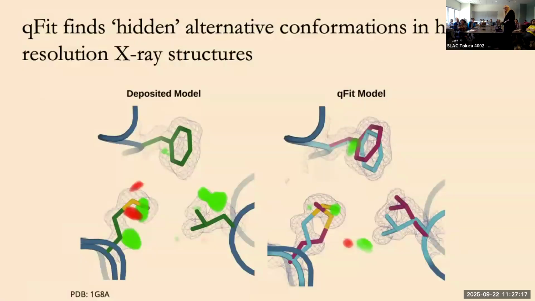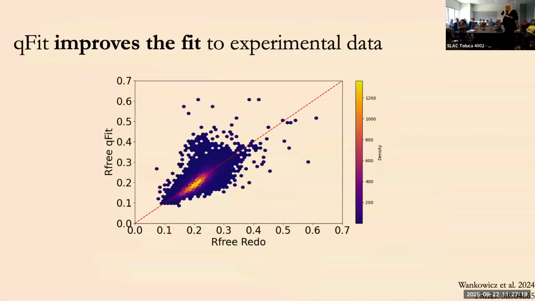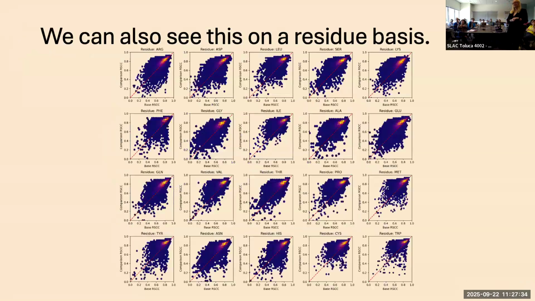And so, as I said, we've been going through the PDB, and we can see that if we just use this R-free metric, that QFit improves the fit to experimental data in about 80% of structures. And then we can also look at this on an RSCC basis, so looking at real space correlation coefficient. So anything above this red line means that we're doing better with QFit.